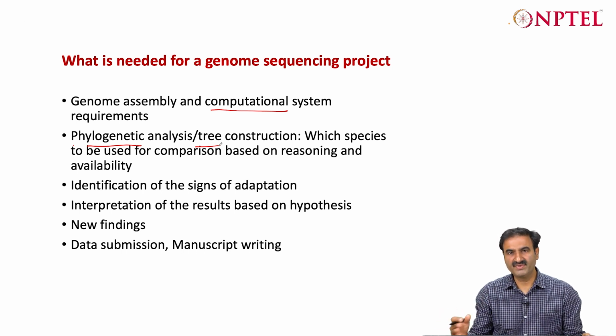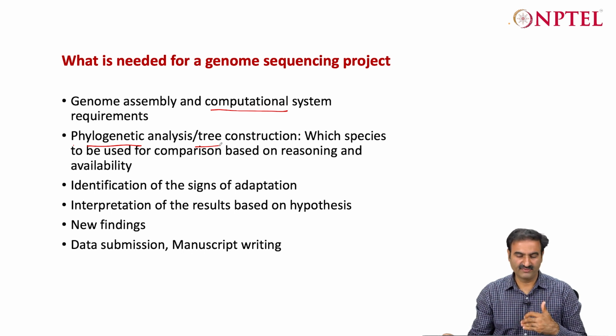Which species can be used for comparison, and there should be reasons why you have included only those, because you cannot include everything. You cannot compare a bird with an elephant. So you will consider species which are closer to that organism, and also take an outgroup. There are some standard methods of phylogenetics which we will also see later.